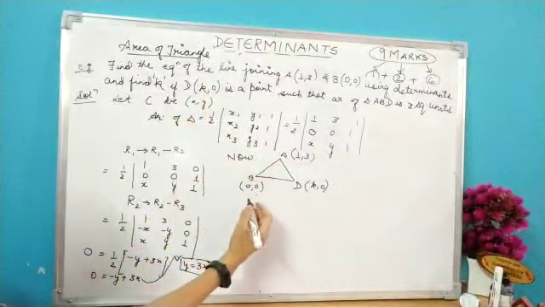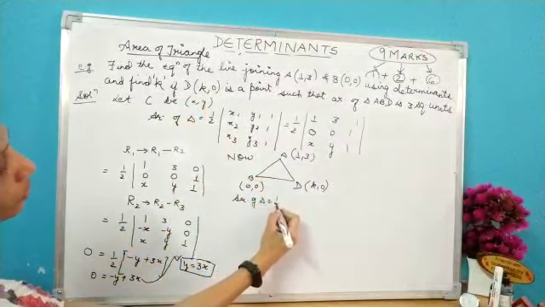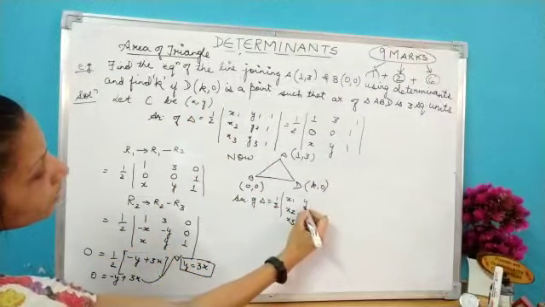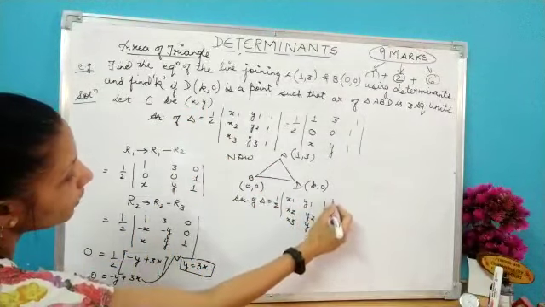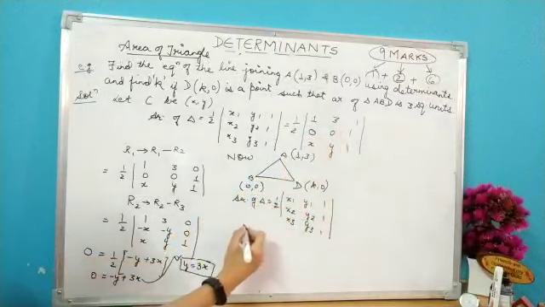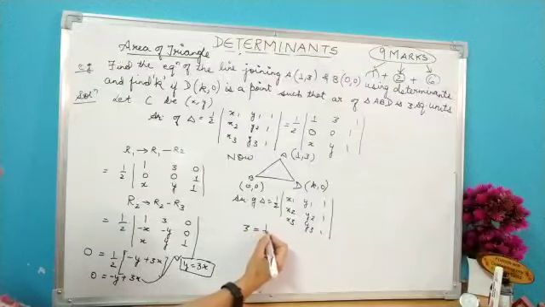So if it is a triangle, again I can apply area of triangle equal to half determinant of x1, x2, x3, y1, y2, y3, 1, 1, 1. Now, area of triangle is already given to you. It is 3 square units. So, in place of area of triangle, I am writing it as 3 half.